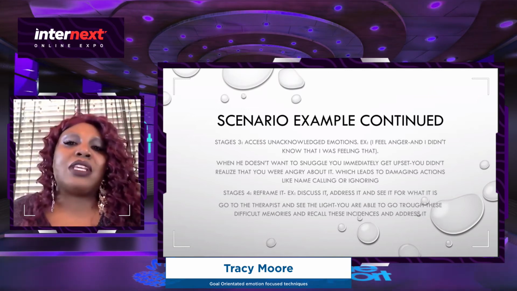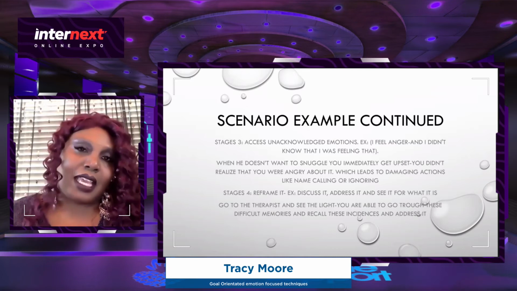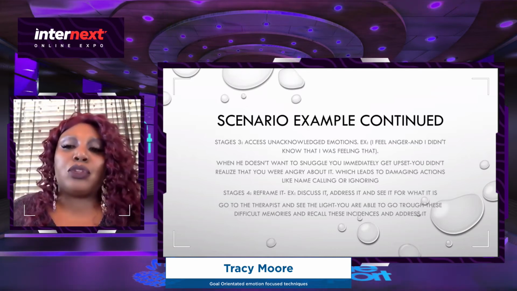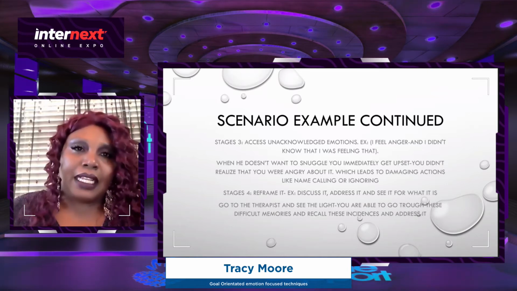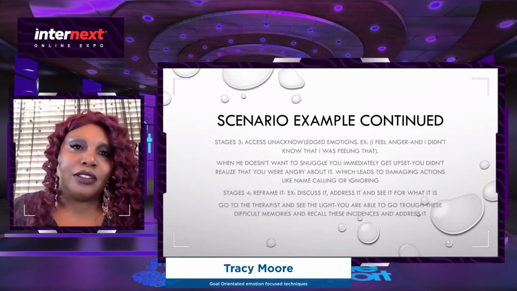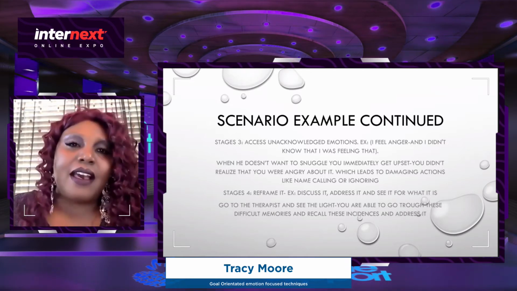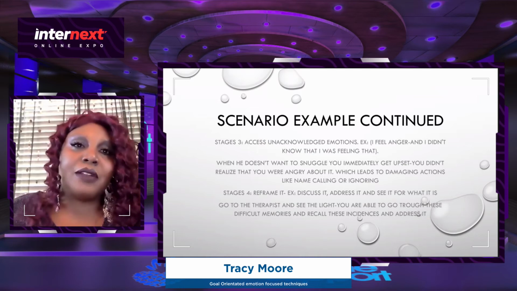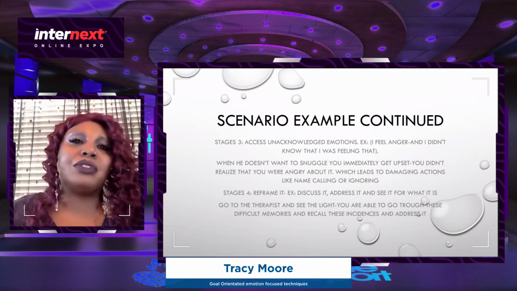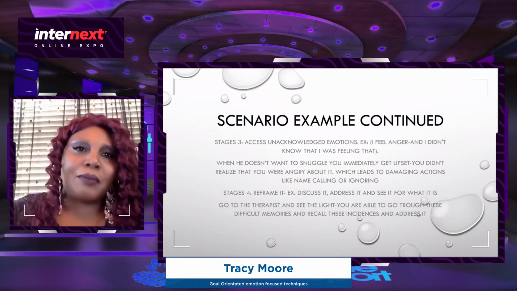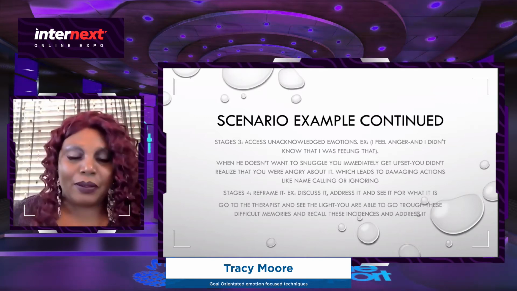So the idea behind EFT or GOEFTT would be for you to sit down and explain exactly what's going on through these scenarios, through these memories with the therapist. And the therapist will then, in turn, help you to see what's going on step by step by step by step.